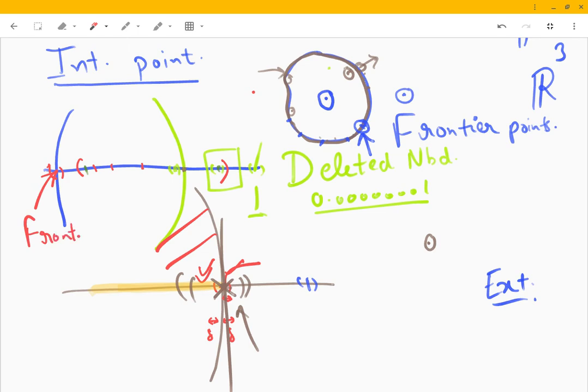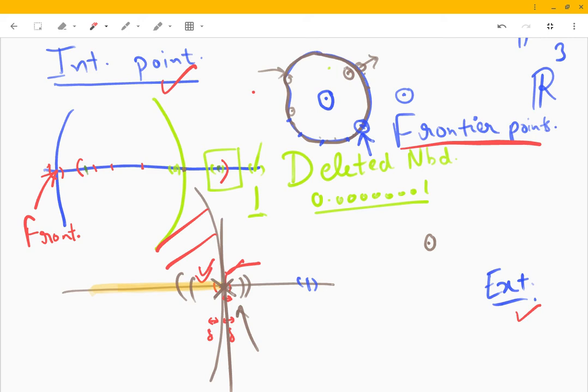So interior point: entire neighborhood inside the set. Exterior point: entire neighborhood outside the set. Frontier point: some of the neighborhood inside the set and some of the neighborhood outside the set. So frontier is basically neither interior nor exterior.